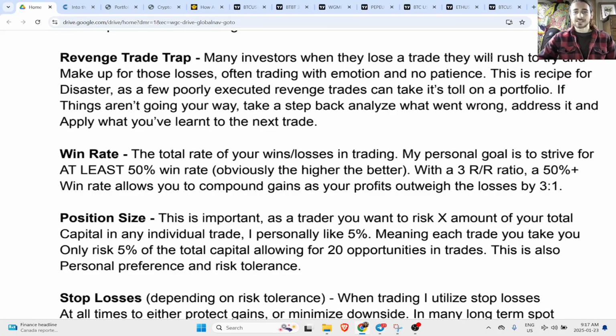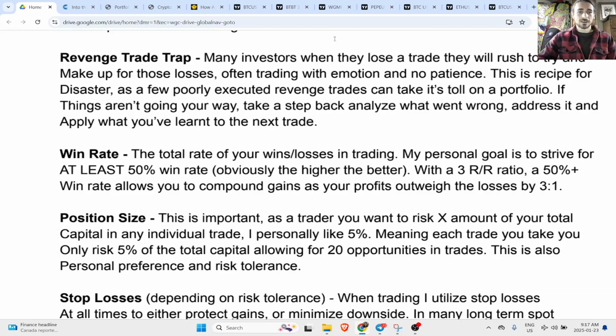Next one I touch on is the revenge trade trap. So many investors lose a trade and want to make that money back right away to make up for those losses. Lots of the time they'll start taking trades with emotion, without patience, and without the technical backing of an actual setup. This is a recipe for disaster. A few poorly executed revenge trades can really take a toll on a portfolio. If things aren't going your way, take a step back, analyze what went wrong, address it, change your strategy, and then apply that to the next trade.